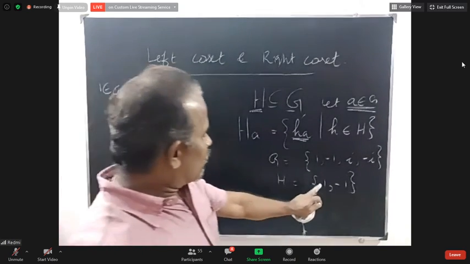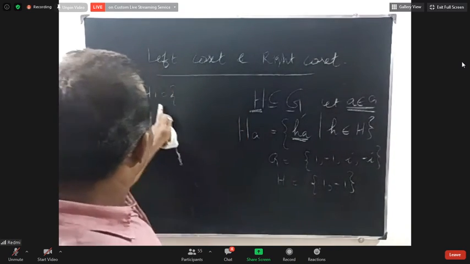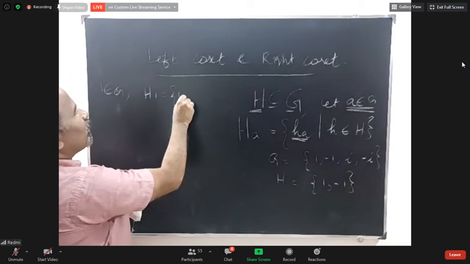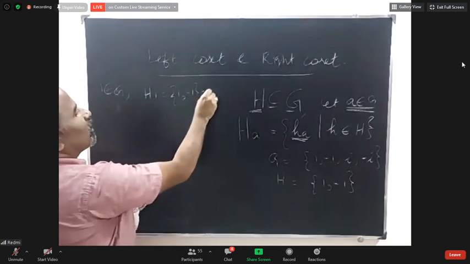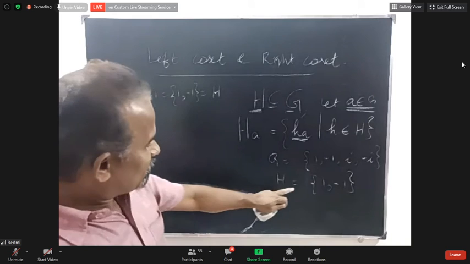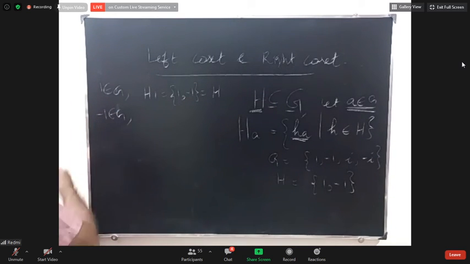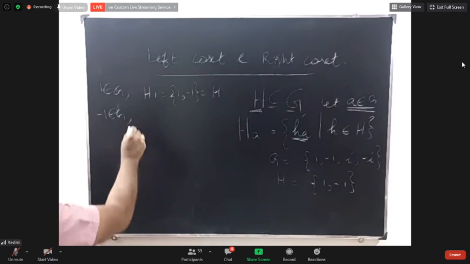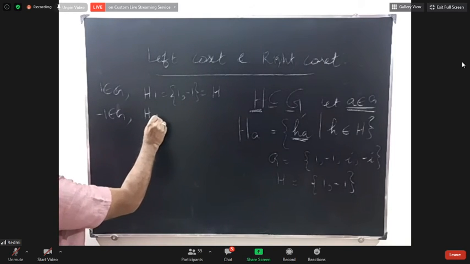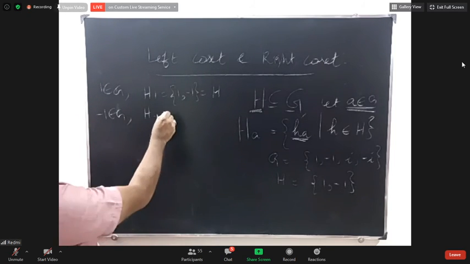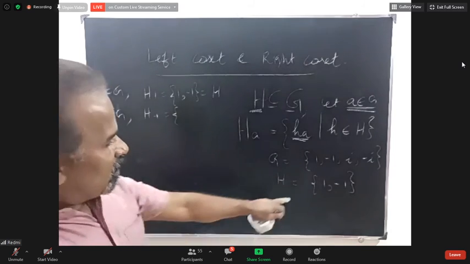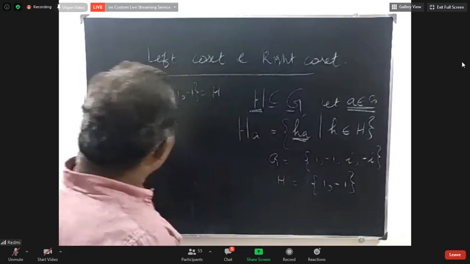H has elements 1 and -1, therefore 1 into 1 is again 1, and 1 into -1 is again -1. So H1 is equal to H again. Let -1 belong to G. H times -1 gives -1 and 1, so again it will be H.